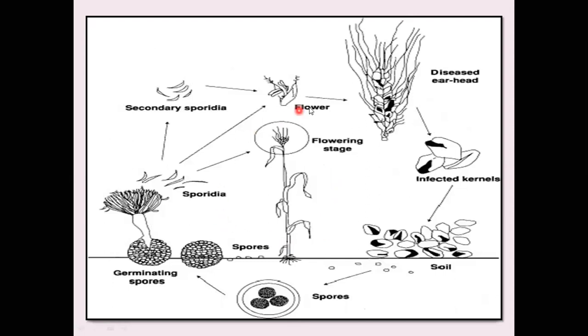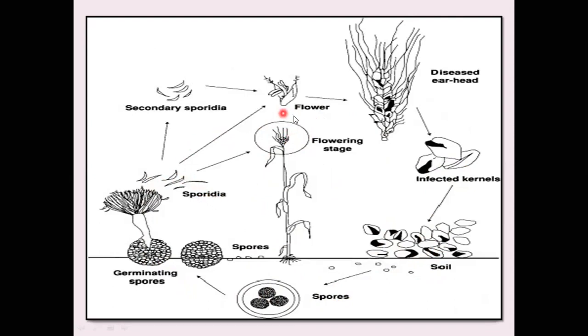This is the same disease cycle of Neovossia indica. Infected seeds are deposited in the soil. These infected seeds having spores germinate under favorable conditions and produce H-shaped sporidia, and these H-shaped sporidia directly fall on the healthy airhead of the wheat crop, so the healthy airhead becomes infected.